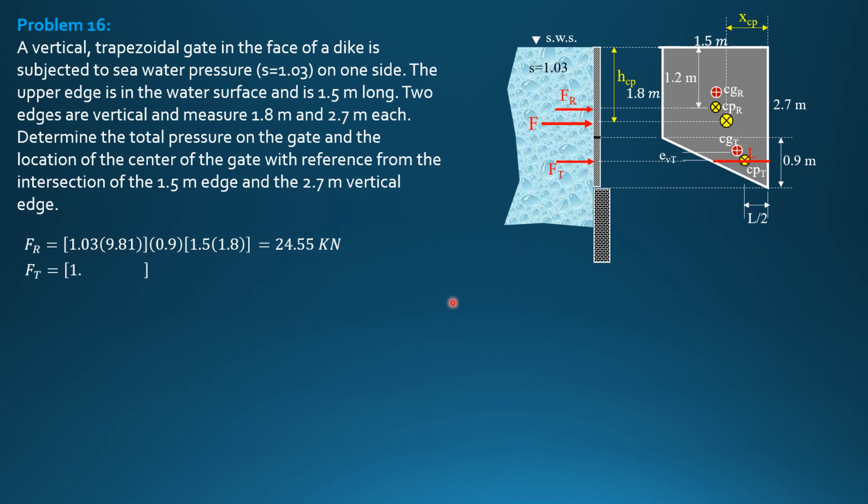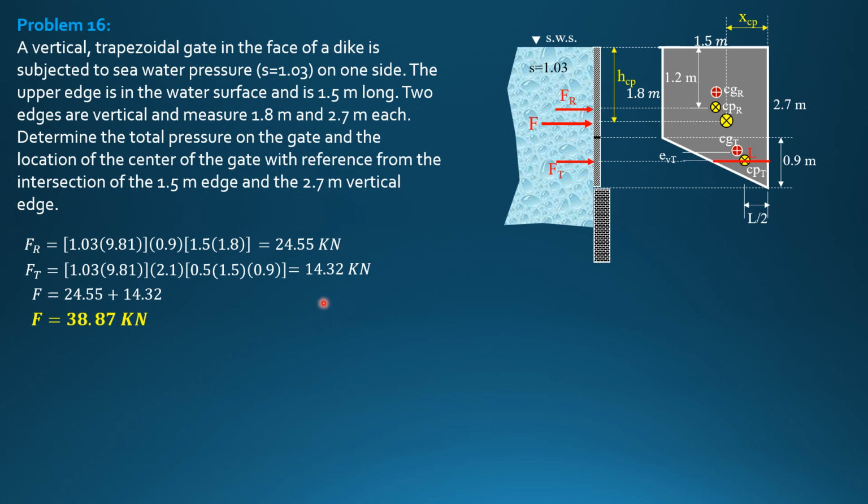So F of the triangle is 1.03 times 9.81, barred h 2.1, area 1/2 or 0.5 of 1.5 by 0.9. So F of the triangle is 14.32 kilonewtons. Then F, therefore, is 24.55 plus 14.32. So the total pressure or the force is 38.87 kilonewtons.